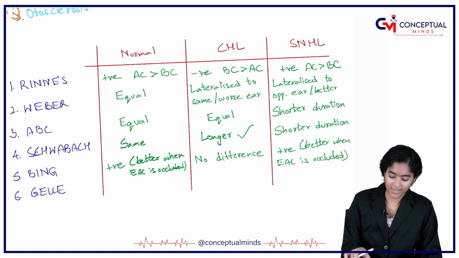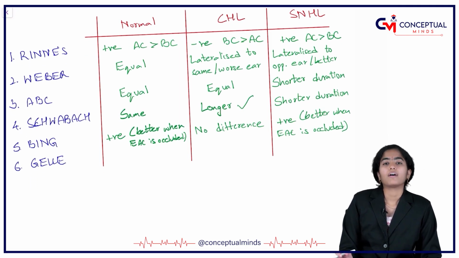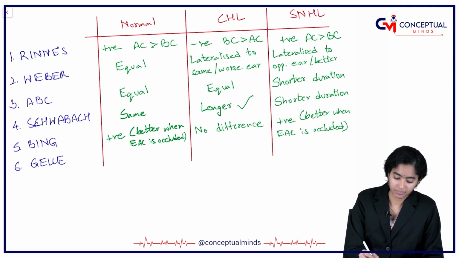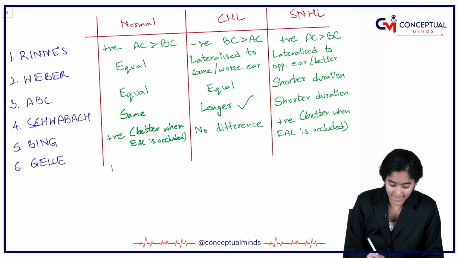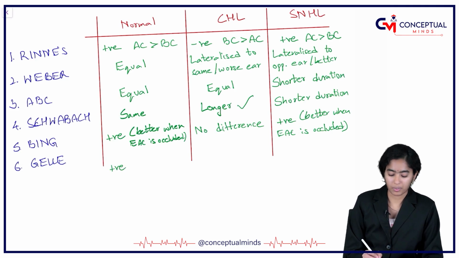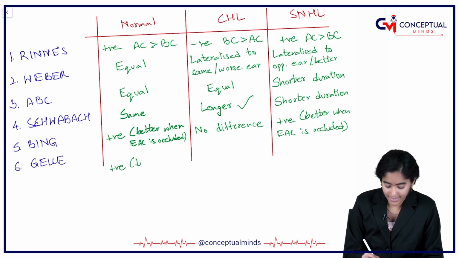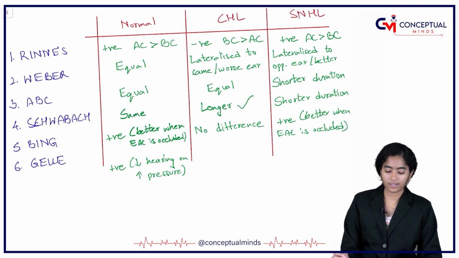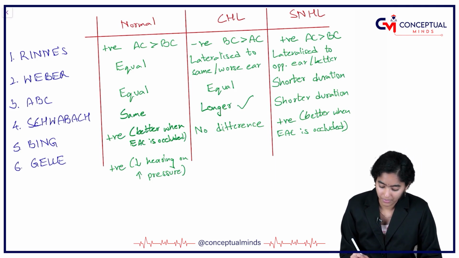And last and final is Gelle's test. When pressure is increased in the external auditory canal, hearing is reduced. That is normal. So Gelle's is positive in a normal person, that is, decreased hearing on increased pressure. In conductive hearing loss, no such difference.